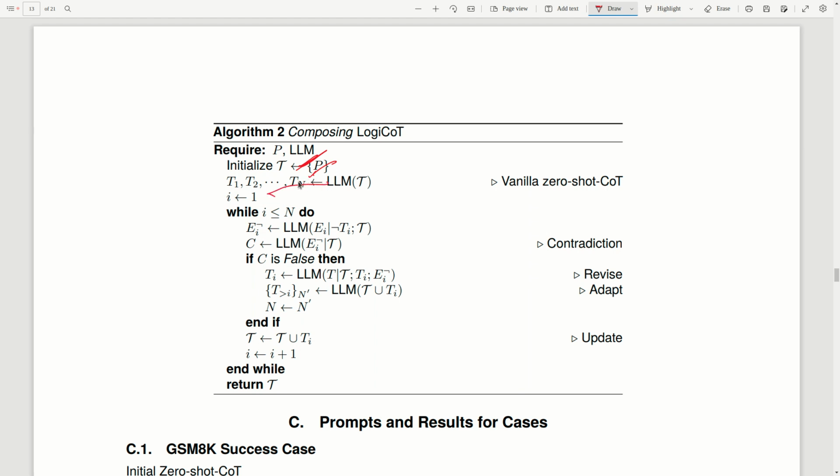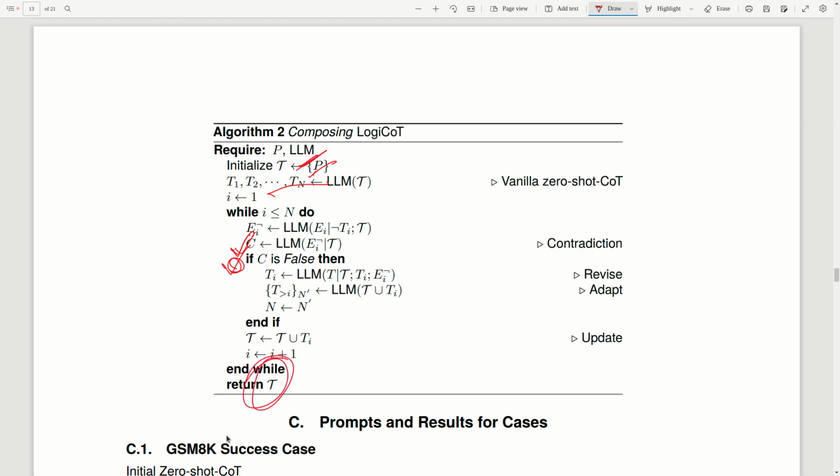Based on the reasoning trace, the process involves generating inferences using the LLM and checking for contradiction. If a contradiction is found, the corresponding thought is revised, the process continues, and the final reasoning trace is returned in the end.